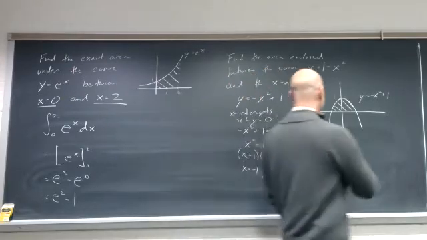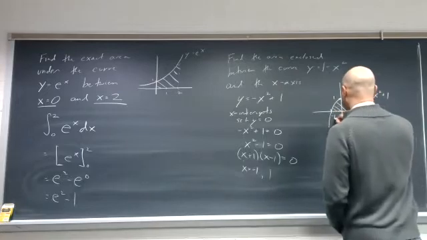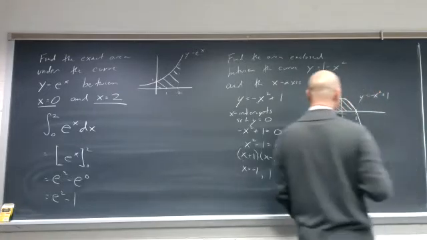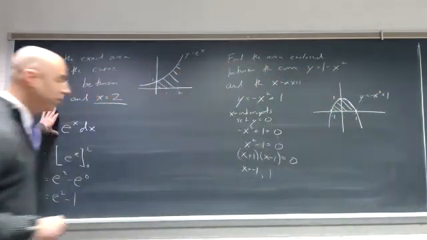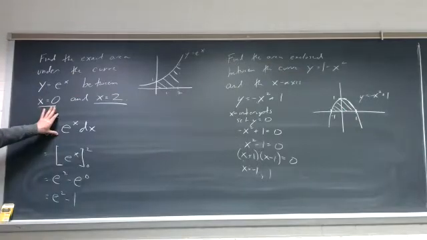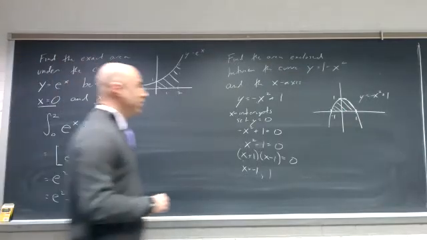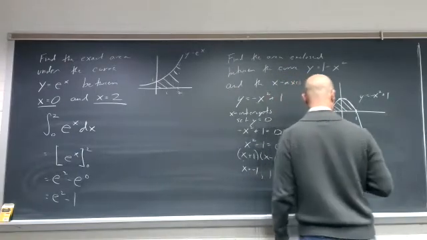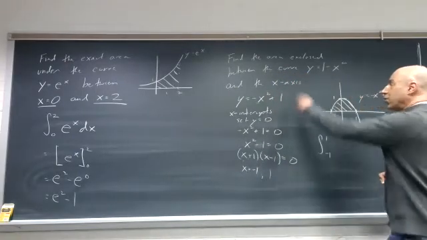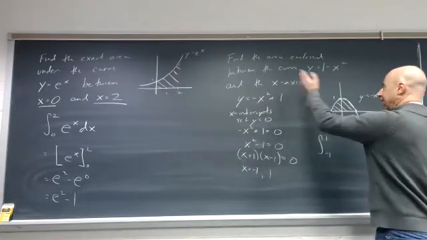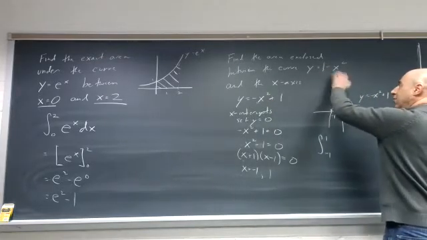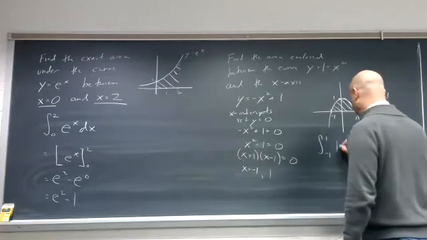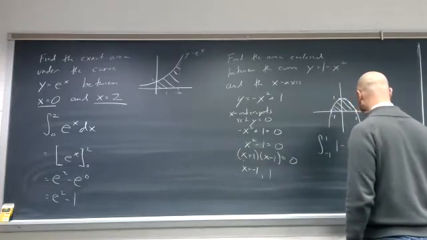So it crosses the x-axis at minus 1 and 1. Now we do know these two numbers. So we're just integrating from negative 1 to 1. You can write it like this. You can write it like this. I don't care. It doesn't matter at all. I'll write it like it was originally: 1 minus x squared.